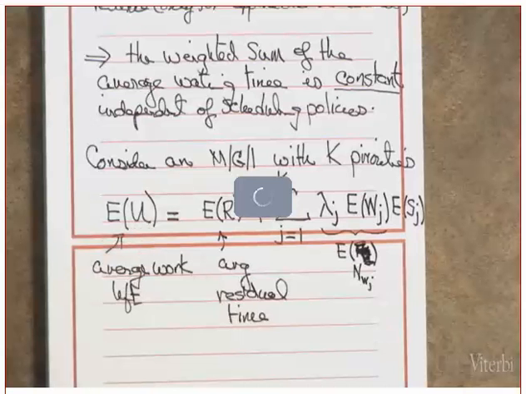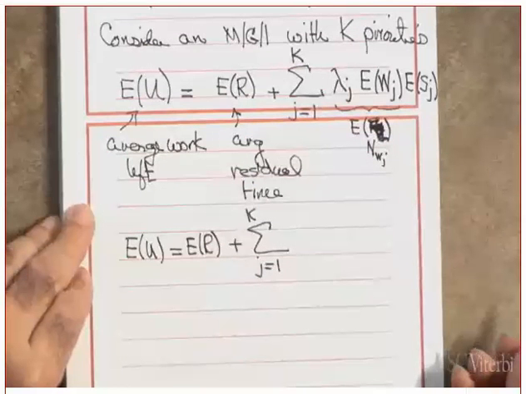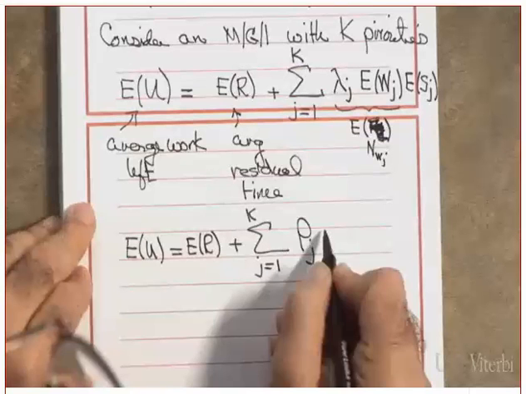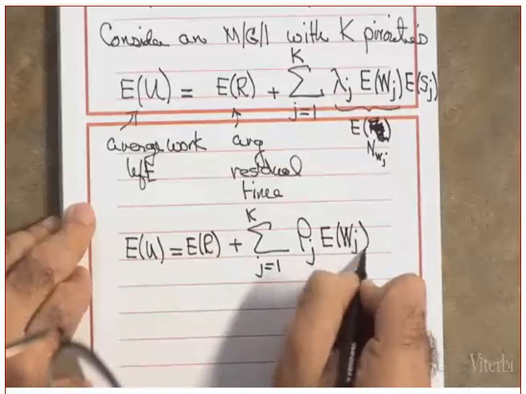How about this one, E of R? Now remember, we assumed the service is non-preemptive, or if it is preemptive, it's preemptive resume only for exponential. Does it depend on the scheduling policy? This one also does not depend on it.